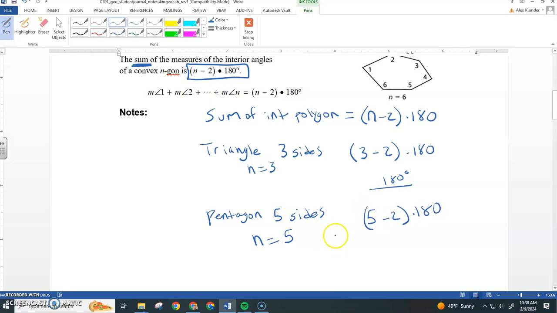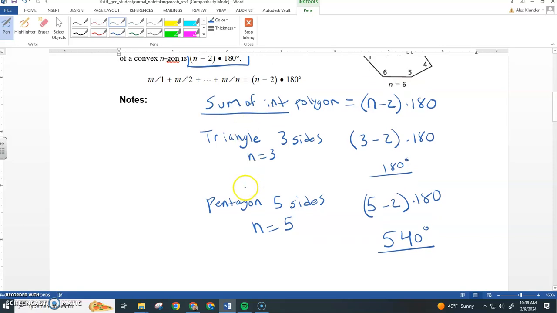If I go to my calculator and I type that in, I take 5 minus 2, I multiply it by 180, I get 540 degrees. What does it tell me? It tells me that the sum of the interiors, all of the angles inside of this polygon, add up to give me 540 degrees.